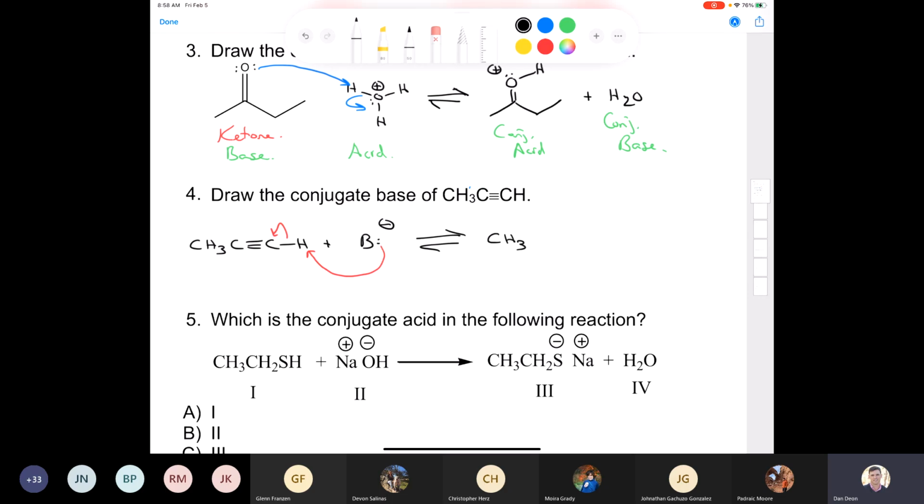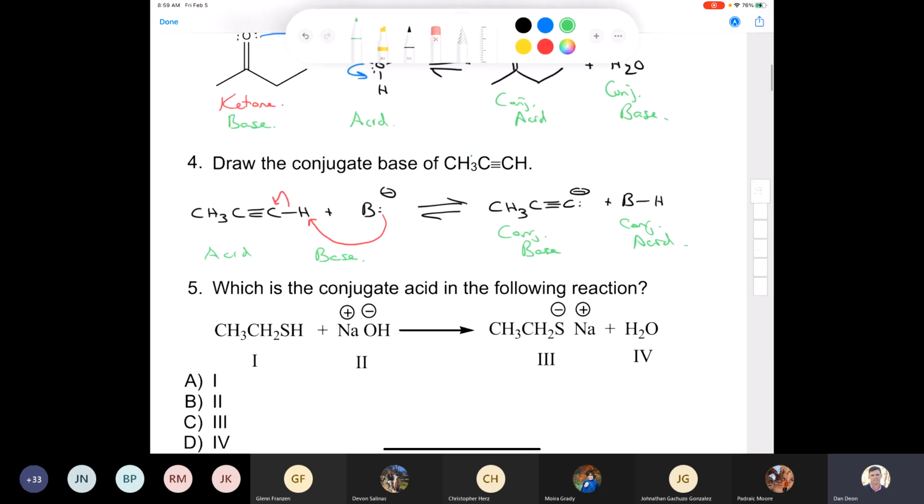We have our CH3, our carbon with a triple bond, and a lone pair and a negative charge, right? And then we're going to be left over with our BH, like that. So this is our acid, this is our base, this is our conjugate base, and this is our conjugate acid, like that.